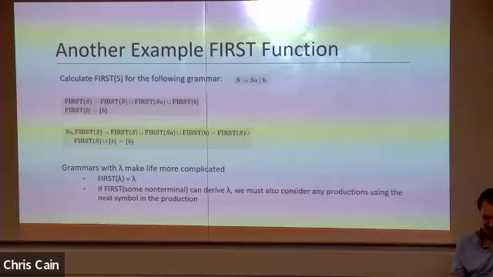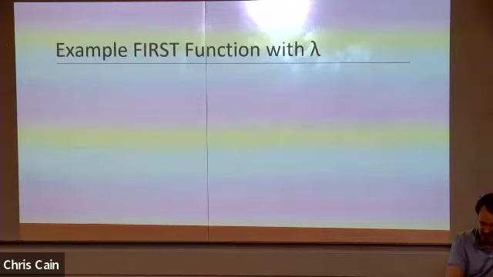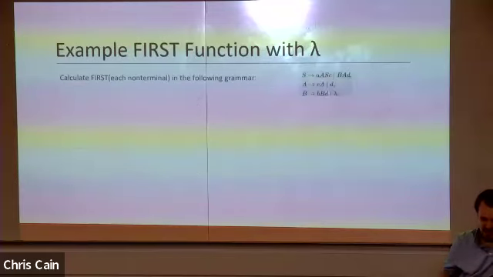What does that mean? How does that work? Let me give you an example. Here's a grammar where the non-terminal capital B can just derive lambda. This is especially challenging because now we have to consider, if B can be empty, what happens with the S arrow capital B capital A D production?